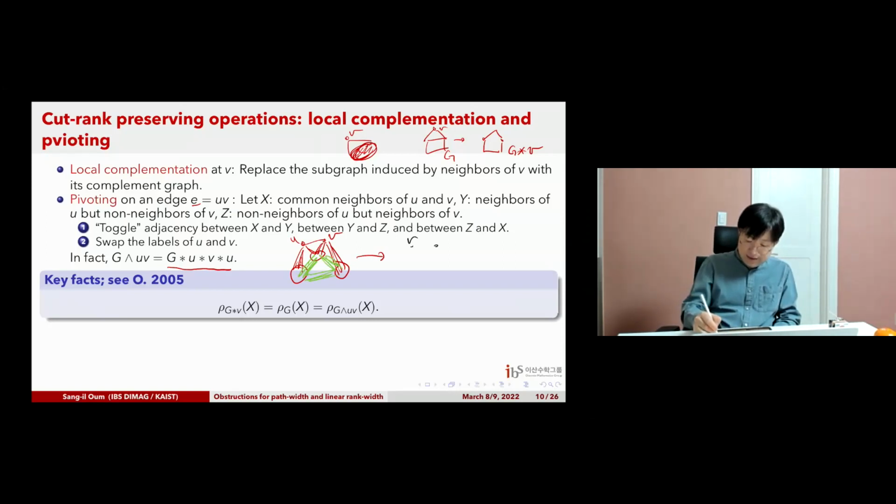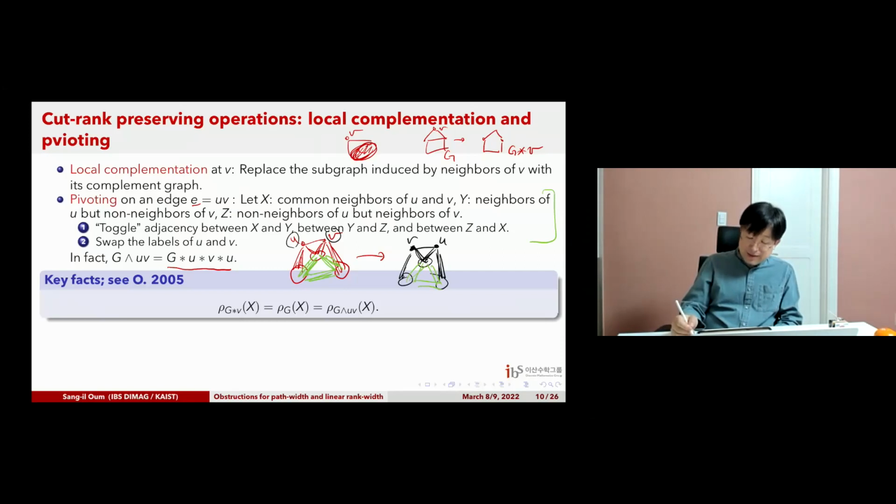And then change the names of U and V. So this left vertex becomes V, right vertex becomes U, and edges between them are flipped. So that's the description of pivoting.